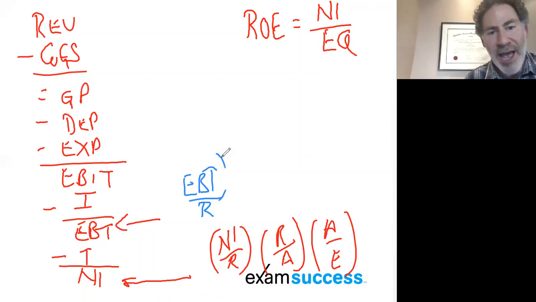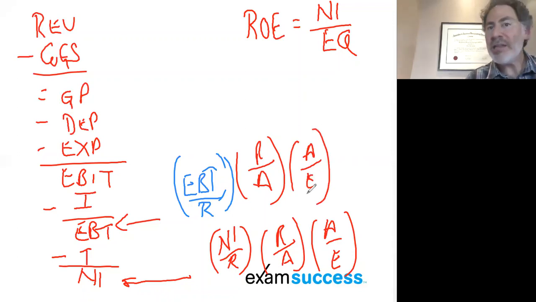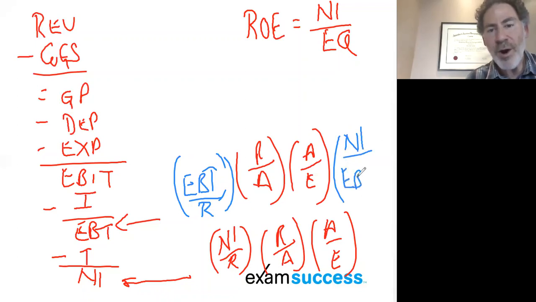Okay, and let's put in the revenues over the assets. The asset turnover, that hasn't changed. The assets over equity, the financial leverage, that has not changed. I now need to include something for the tax burden. And the tax burden now is going to be the net income over the earnings before tax.